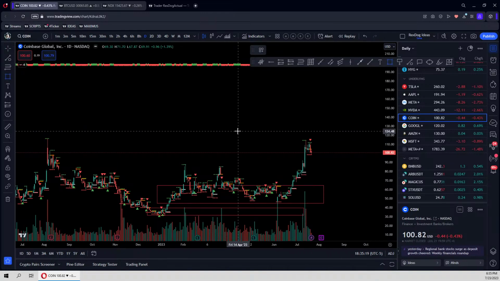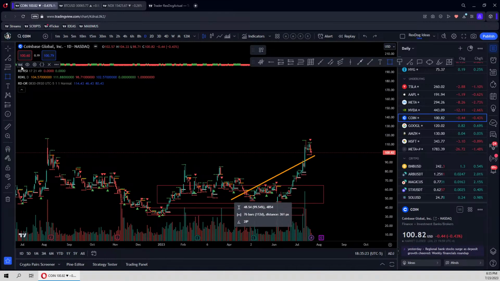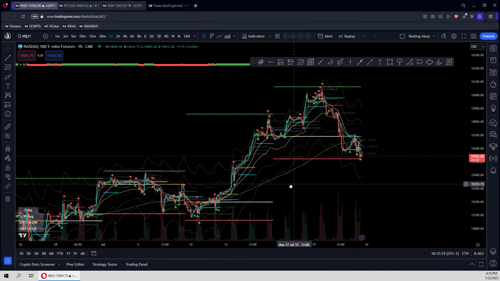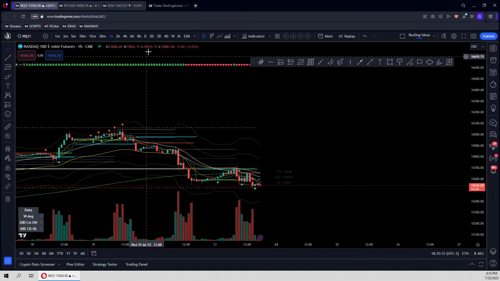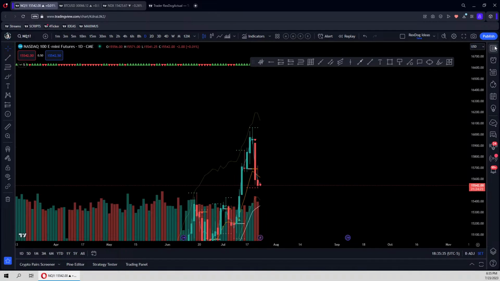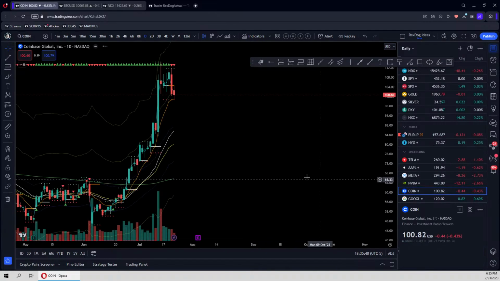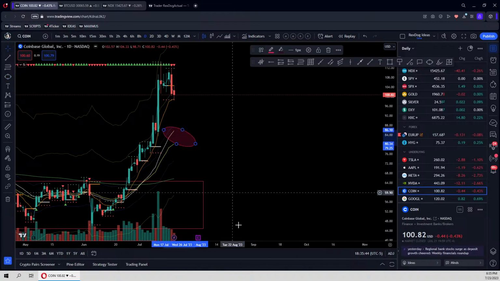What the heck? Where'd my indicators go? All right, that was dumb. So as long as it stays above this zone here, we'll go to coin again. This zone here, then it's momentum long.